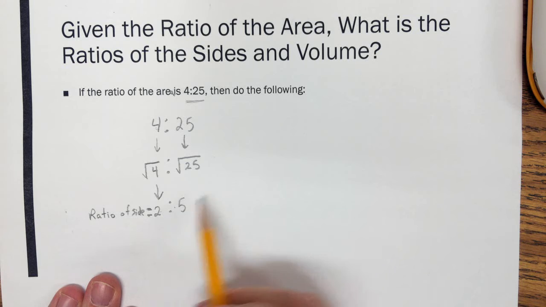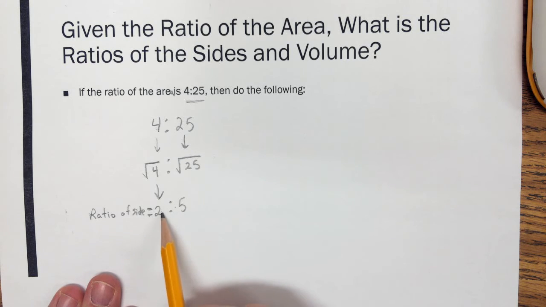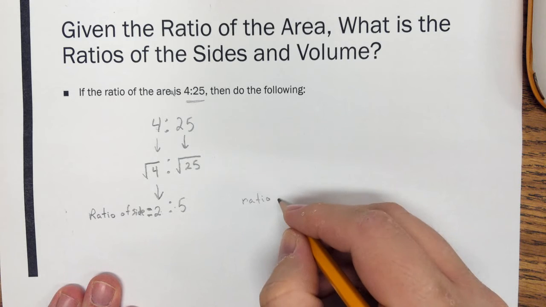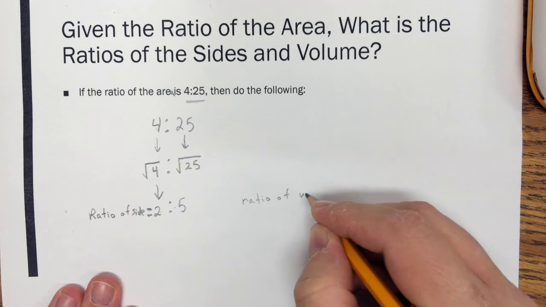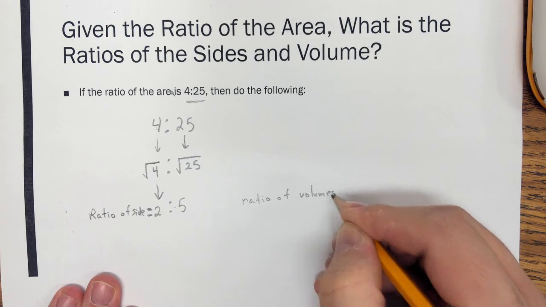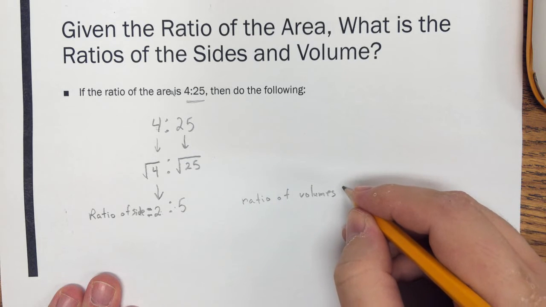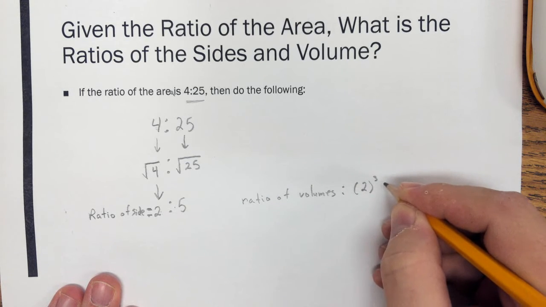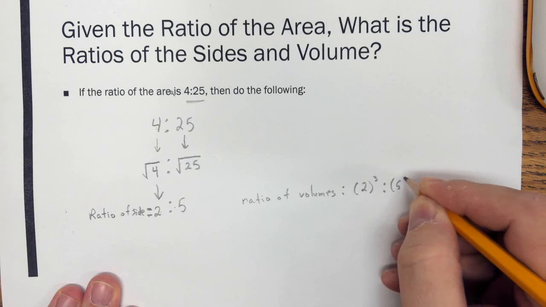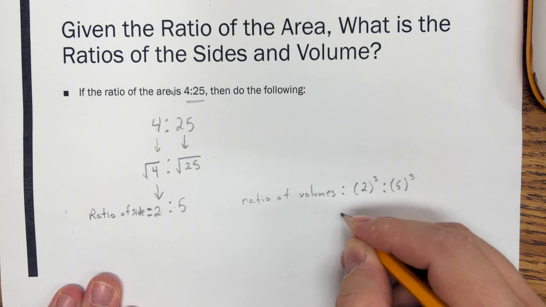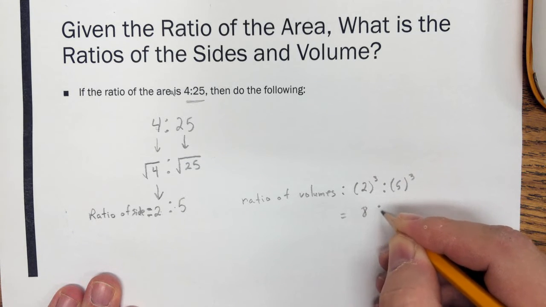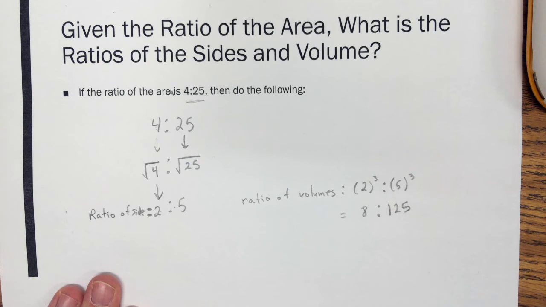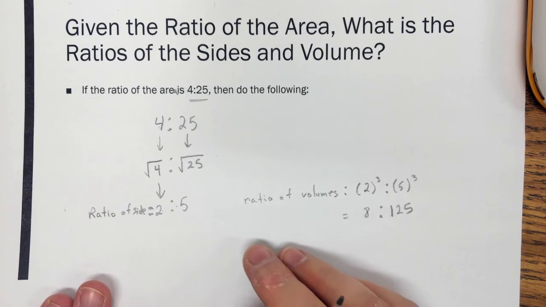After you find the ratio of the sides, everything else falls into place, because we know that the ratio of the volumes is just these cubed. So it's 2 cubed to 5 cubed, which is equal to 8 and 125. So there's the ratio of the volumes.